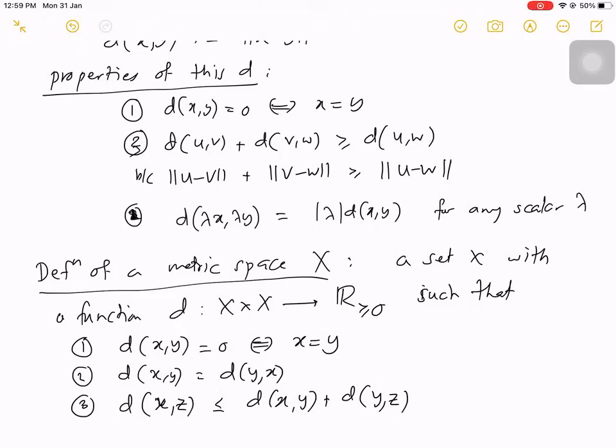So it's a necessary condition. There is another necessary condition, which is translation invariance: the distance between x and y and the distance between x plus v and y plus v has to be the same. Just check. If the distance comes from a norm, then such a condition has to be true.